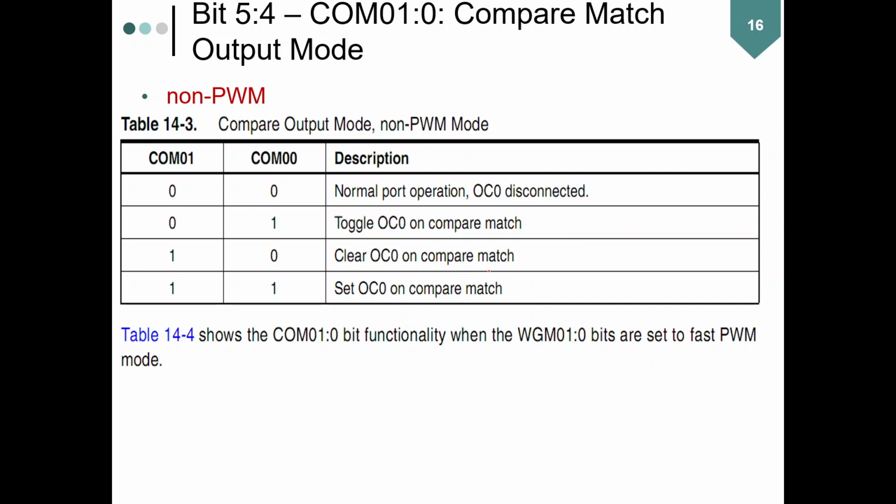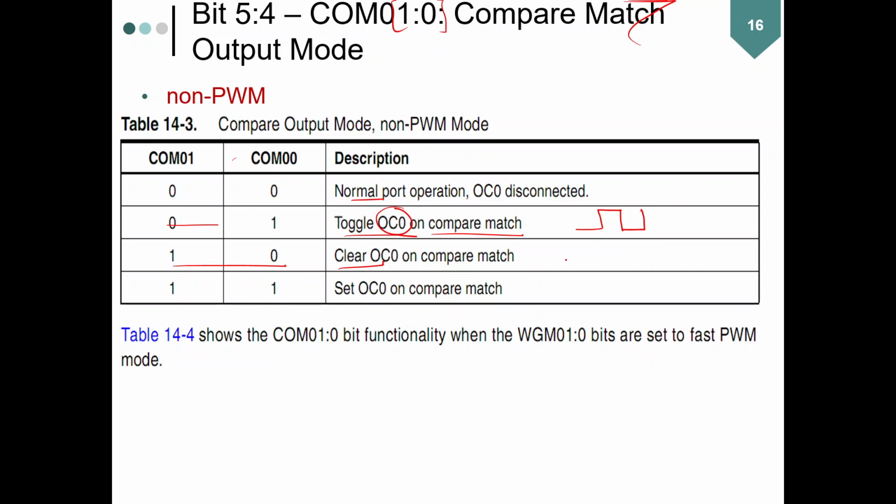Okay, now talking about bits number 4 and 5, which are COM0 bits 0 and 1. These are the compare match output mode. If they are 0, 0, you are in normal operation. If they are 0, 1, then toggle OC0 on compare match. This is the output compare 0 pin. If it was 1, toggle it to 0. If it was 0, toggle it to 1. If it is 1, 0, then clear output compare on compare match.